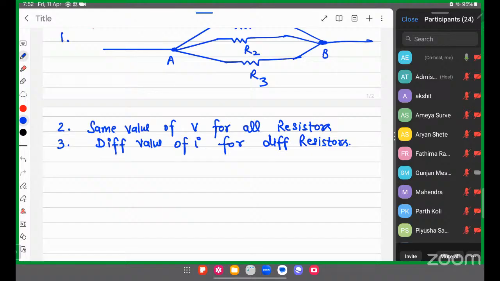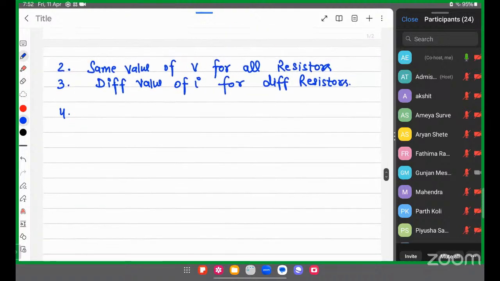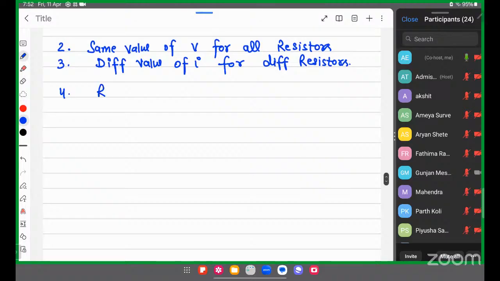Fourth point is, if you calculate the net resistance or resultant resistance in parallel combination Rp, it will always be less than the individual resistances.